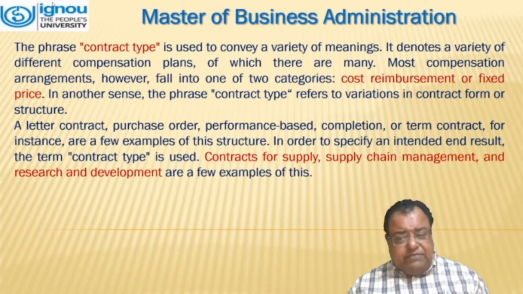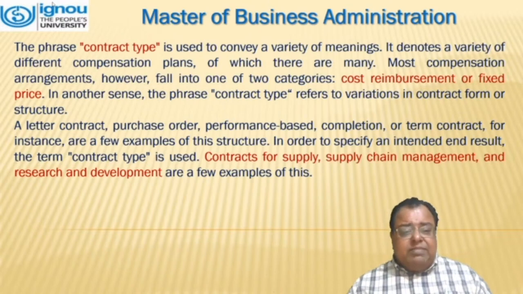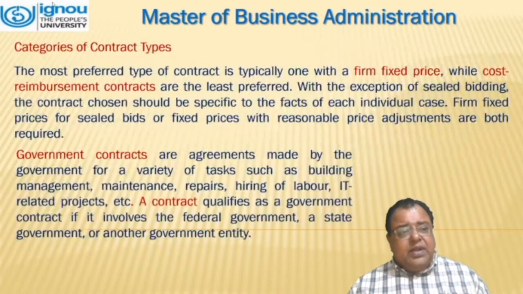In order to specify an intended end result, the term contract type is used. Contracts for supply, supply chain management, and research and development are a few examples of this. What are the categories of contract types?